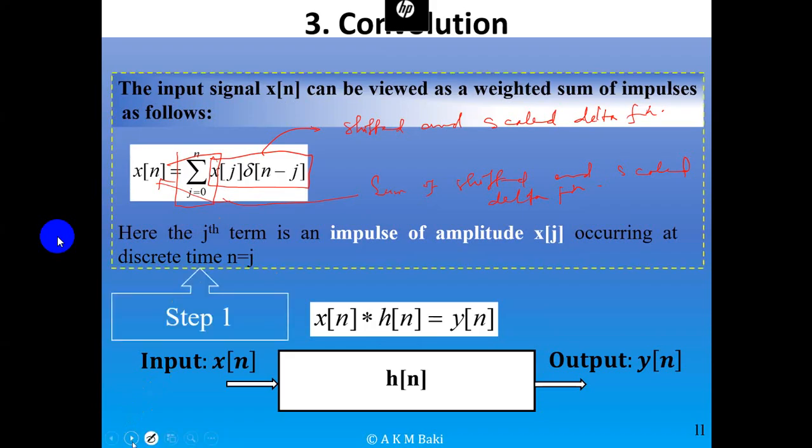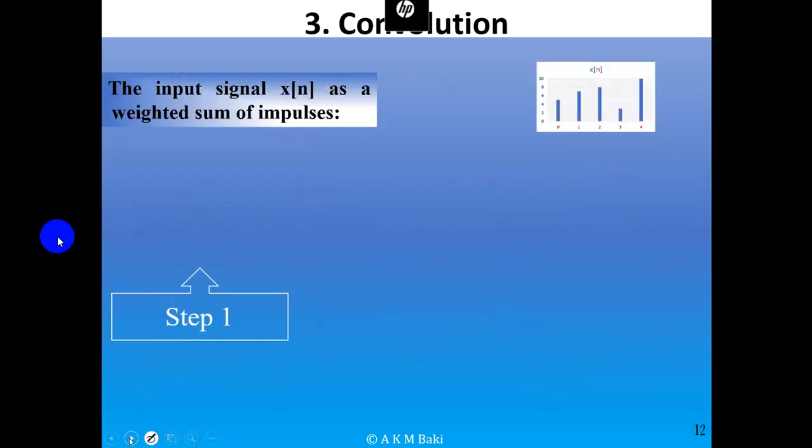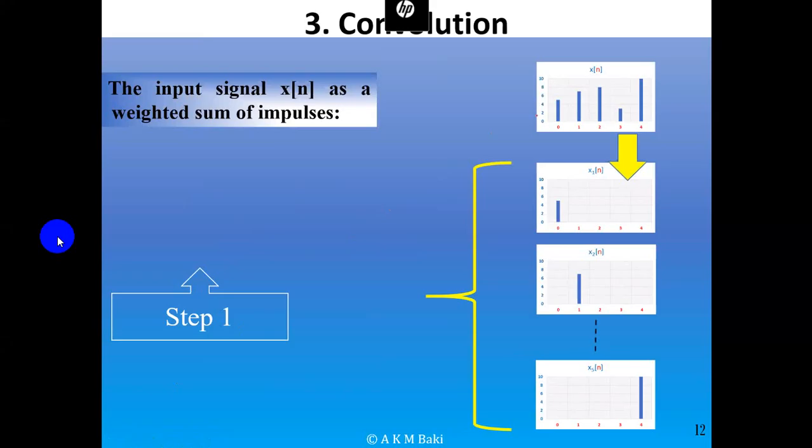Now, step 1, that means you can decompose. The decomposition concept is explained. The input signal can be decomposed. You can see the same example again, decomposition operation.